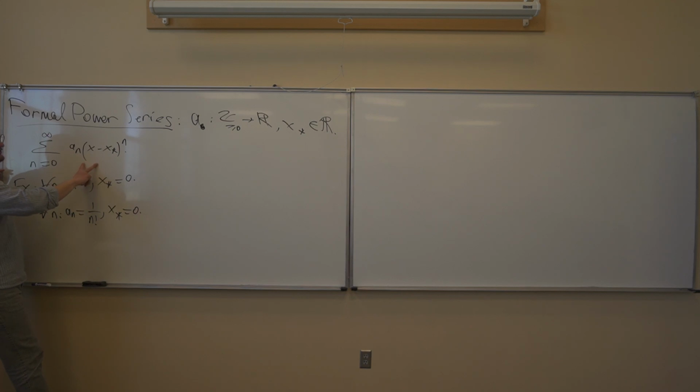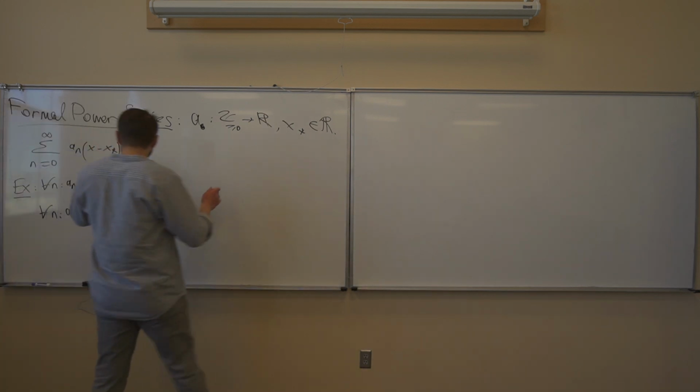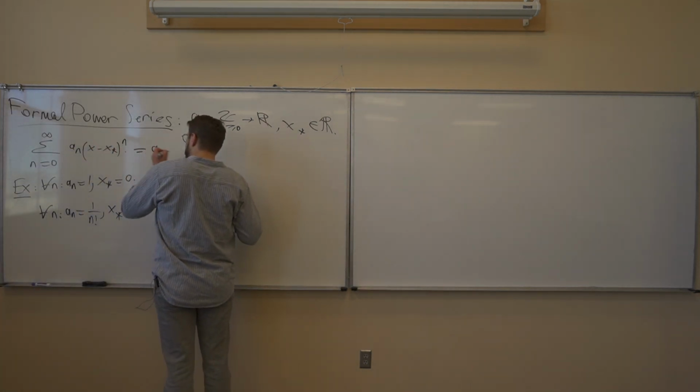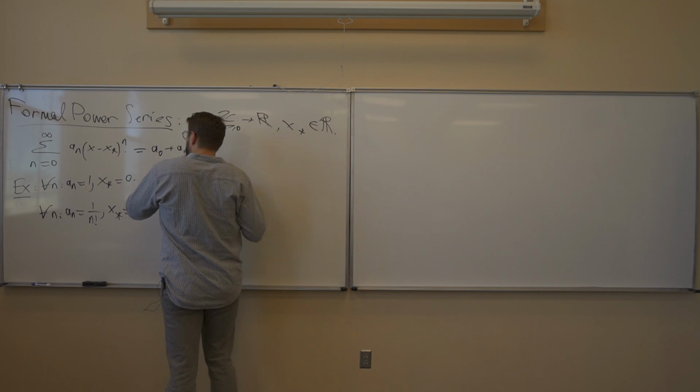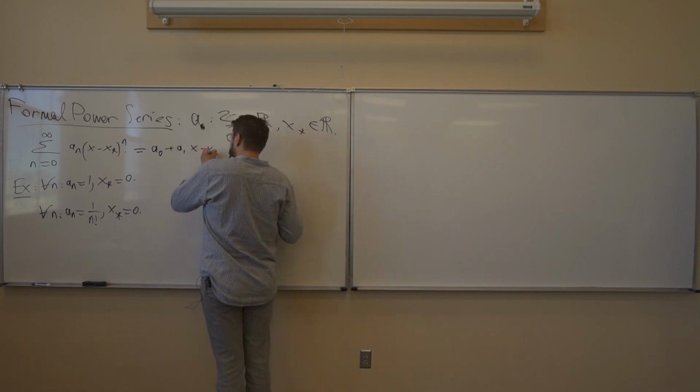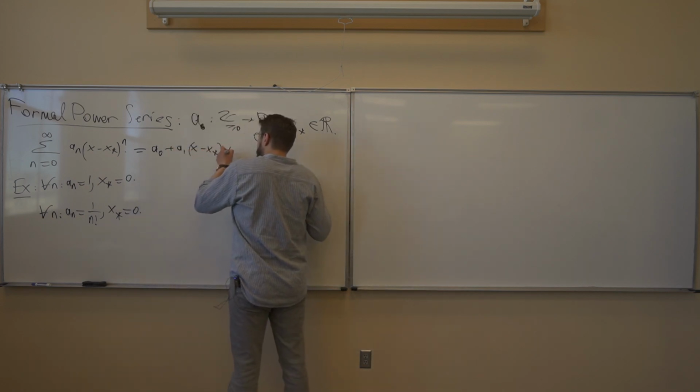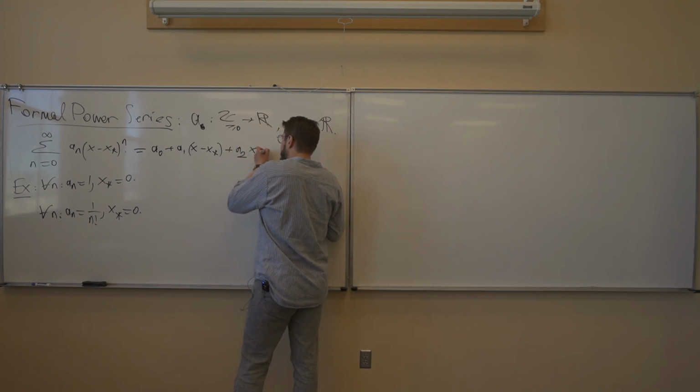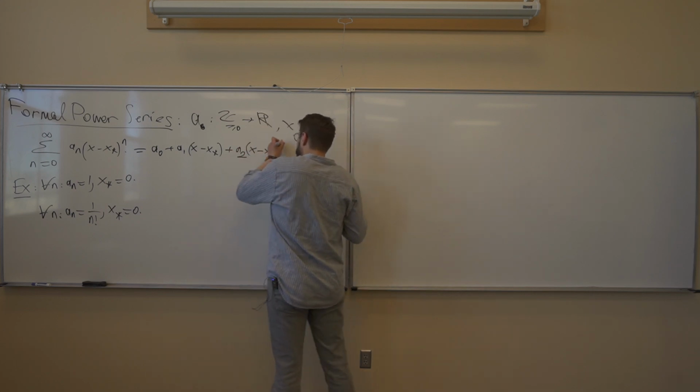You should think of this as, in a sense, an object that collects all differential information of some function at x star. Now, formally speaking, this power series is like this. So it starts at a0, and then a1 times x minus x star, and then a2 times x minus x star squared, and so on.